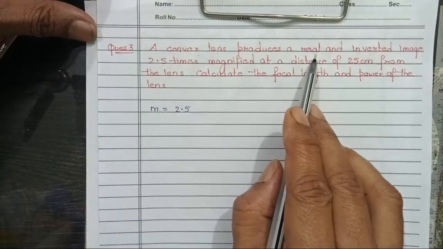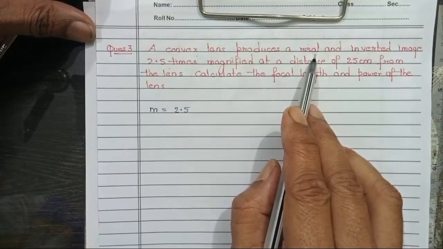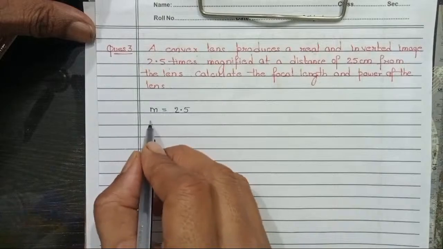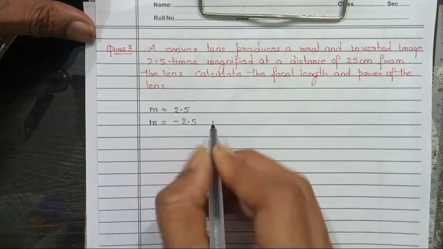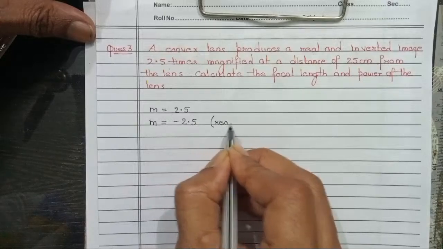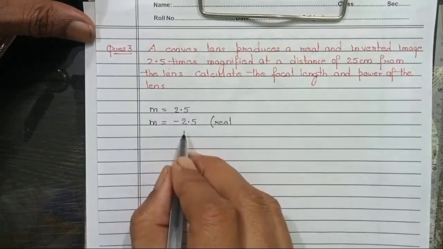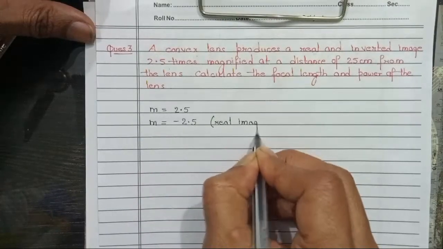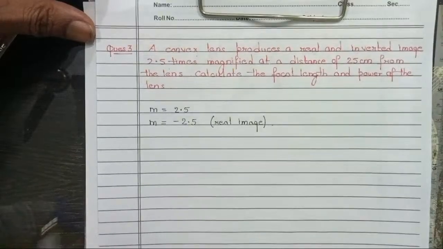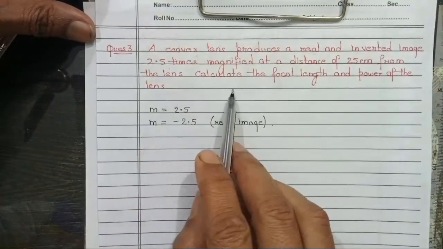So as the lens is producing a real image, magnification should be with minus sign. Remember, whenever image is virtual, magnification is with plus sign, and if it's a real image, then the magnification is with minus sign. So we have got magnification.